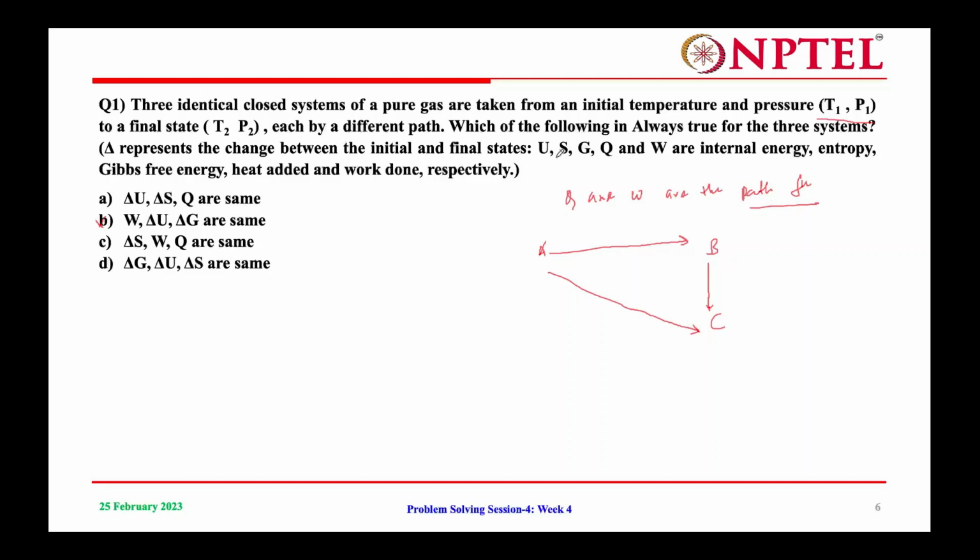Internal energy, entropy and Gibbs free energy are state functions. So delta G, delta U and delta S are the same. So whether option B is correct or D? D, because it will be the change. Work done changes with the path. So here the option is D.